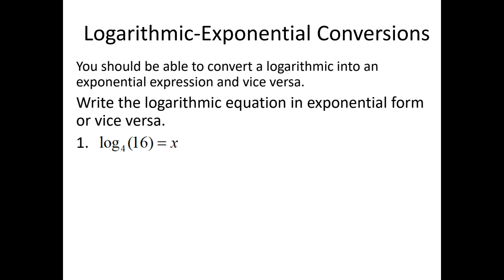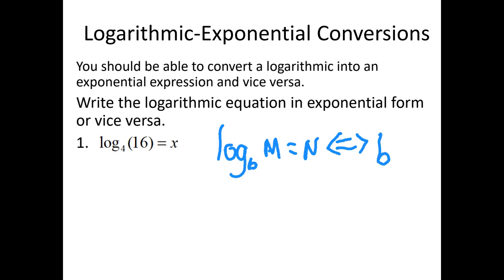So if you have log with base b of some number m is equal to n, this is your log. In exponential form, it can be written by starting with the base. So this would be the base, I would write the b. And then the log is always equal to the exponent.